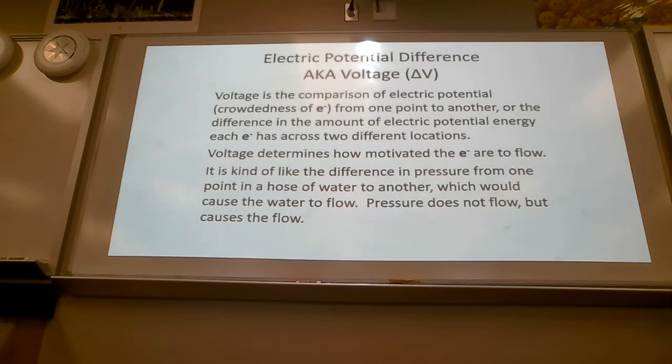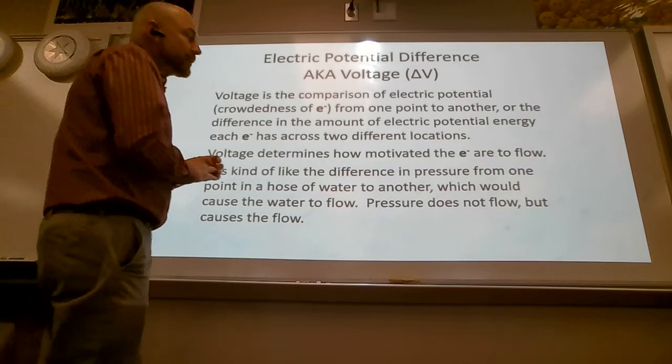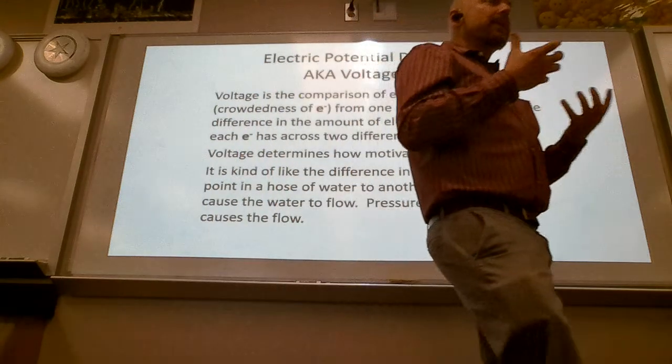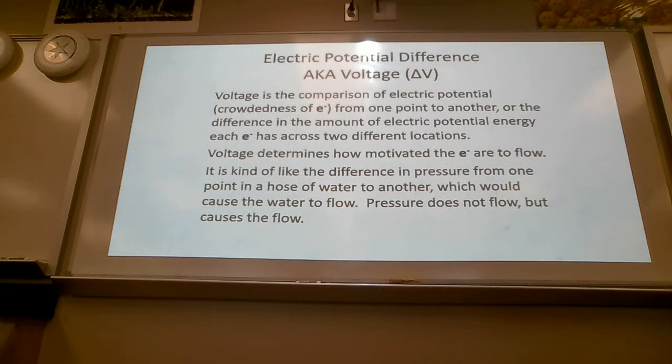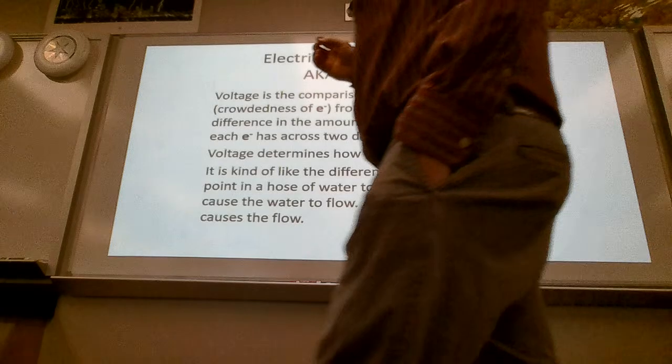It's really important that you've got it locked down on that one. Electric potential difference is the comparison of crowdedness from one spot to the next. It's the thing that motivates the flow. It's the push. In the water analogy, it's the pressure.